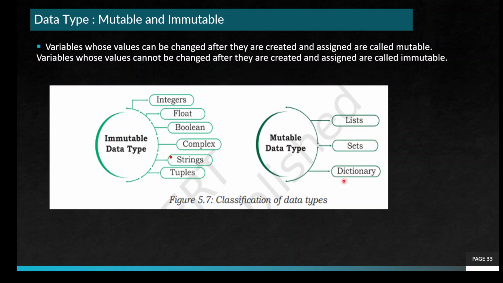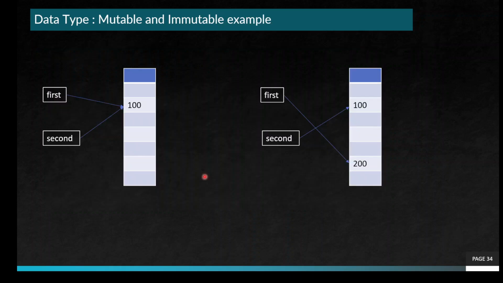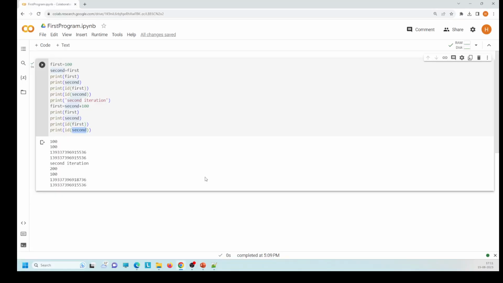The same goes for set and dictionary. But the tuple, we know, is immutable, so it will not work like the mutable data types. So this is about mutable and immutable data types. We saw it in the practical example as well.